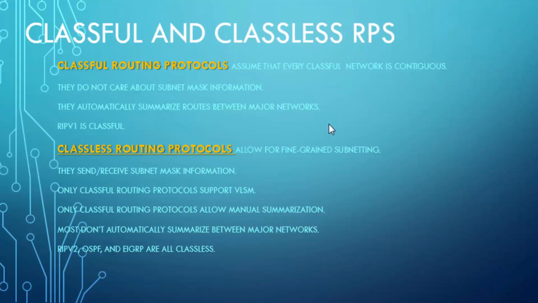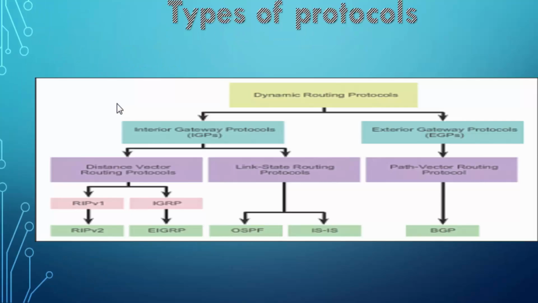The classless routing protocols allow manual summarization. Remember, the word over here is manual, and it's very different from automatically that we saw on the classful one. And most do automatically summarize between major networks, like RIPv2, OSPF, or EIGRP, which are classless.